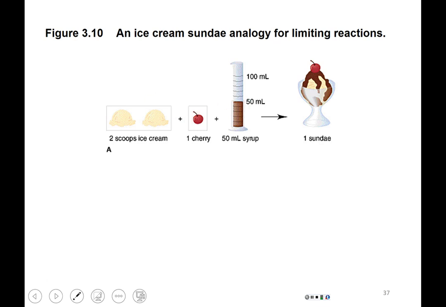Right? So say you're working at a restaurant and you have to make sundaes, and every sundae has 2 scoops of ice cream, 1 cherry, and 50 milliliters of syrup, and that equals 1 sundae. All right? So you can think of these ingredients as chemical compounds, as molecules in a chemical reaction.